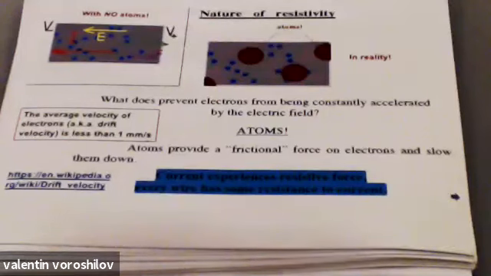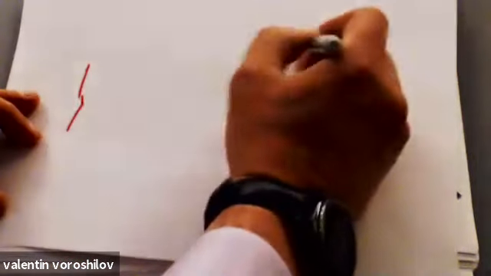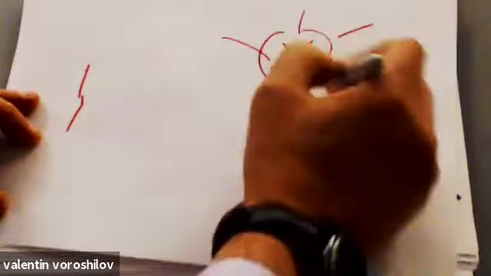Now, in reality, electrons drift very, very slowly, about 1 millimeter per second. So if you flip a switch at home, the light comes up instantly. Why? It is not because electrons travel from the switch to the bulb. You close the switch and the bulb is on immediately.